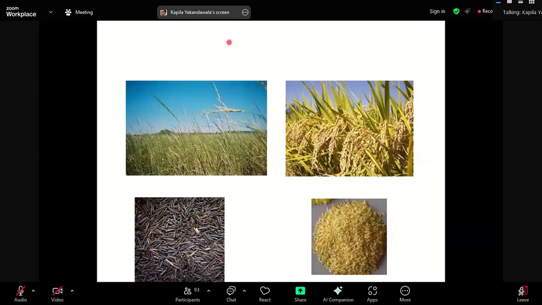If you look at top wild relatives, here you can see rice, what we call paddy, what we eat today. It has large grains and is full of starch, carbohydrates.